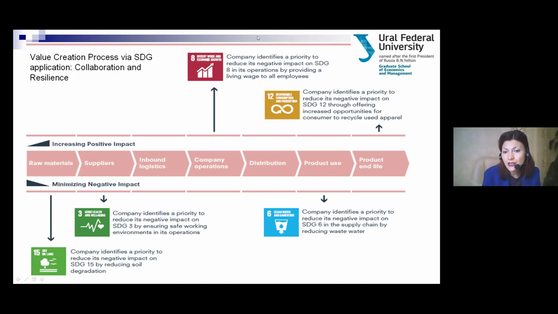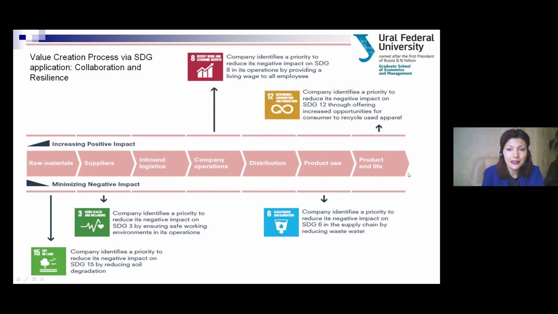And of course, product use, for example, beverages industries, which use a lot of water. There are lots of scandals with those companies which actually can reduce negative impact in a supply chain by reducing wastewater and also using water in some parts of global economy.